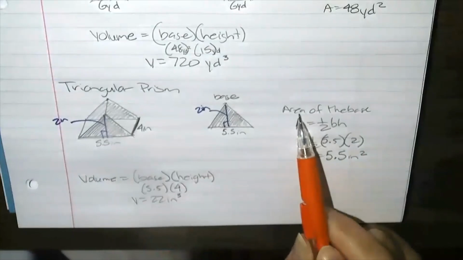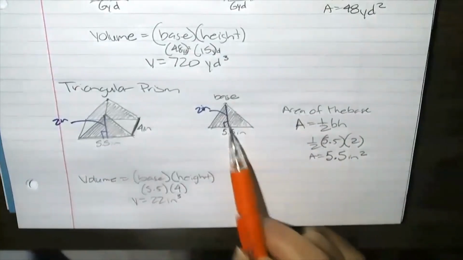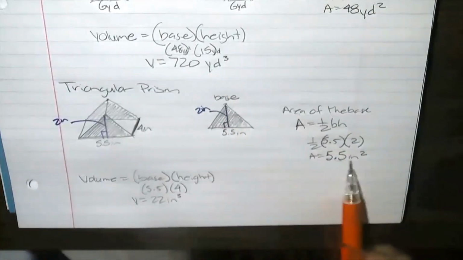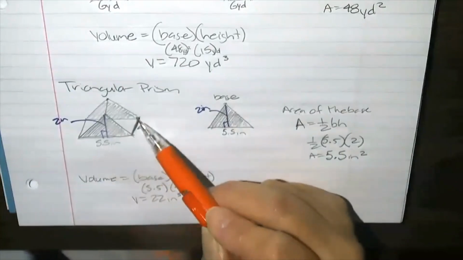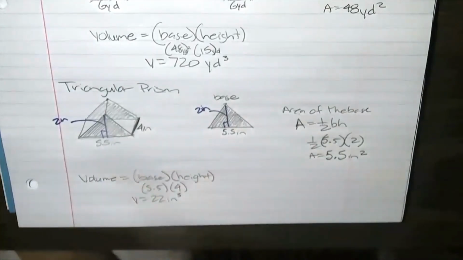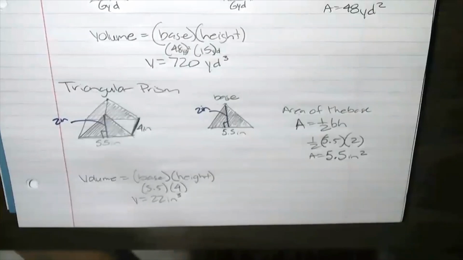And the area of a triangle is 1/2 the base times the height. So the area of this triangle is 5.5. And it's telling us we have 4 of them stacked on top of each other. So it's the area of the base times the height. So that's what we're doing today. We're finding volume of prisms. It's the area of the base times the height.